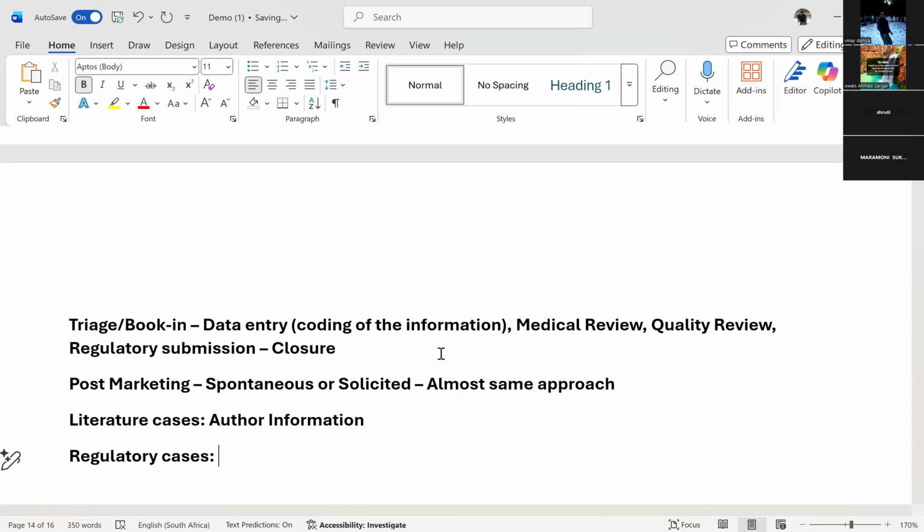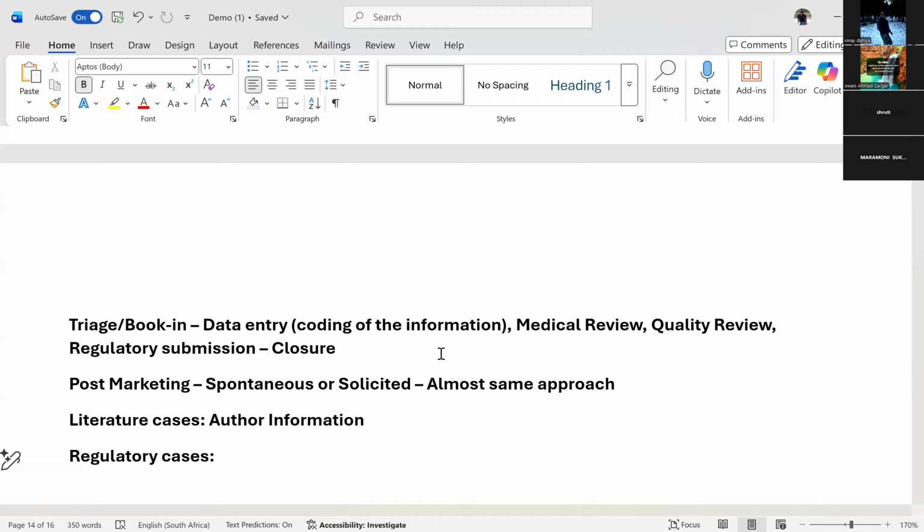What are regulatory cases? This is an interview question. Sometimes a healthcare professional or a patient reports the case directly to the regulatory authorities, or the regulatory authorities come to know about a report from an identified or unidentified source.